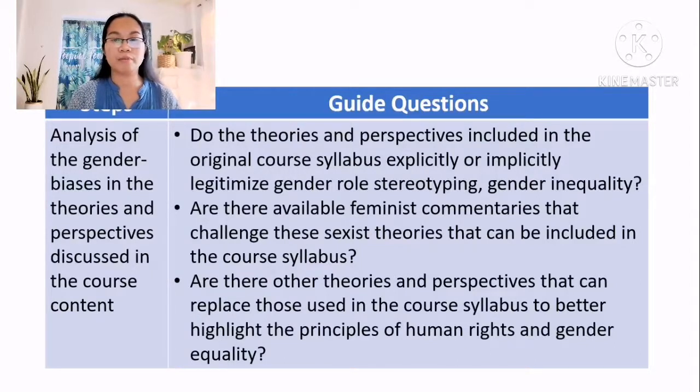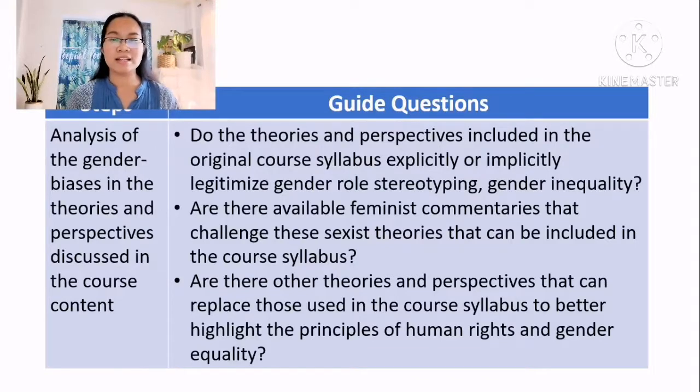But for those reviewed modules, may nakita po ako dyan mga, like for example, definitions. Meron sila mga pinaprovide na definitions like, we have male scientists, male historians, male linguists, definitions. Meron din iba, it's a good thing that they have provided yung mga female counterparts.